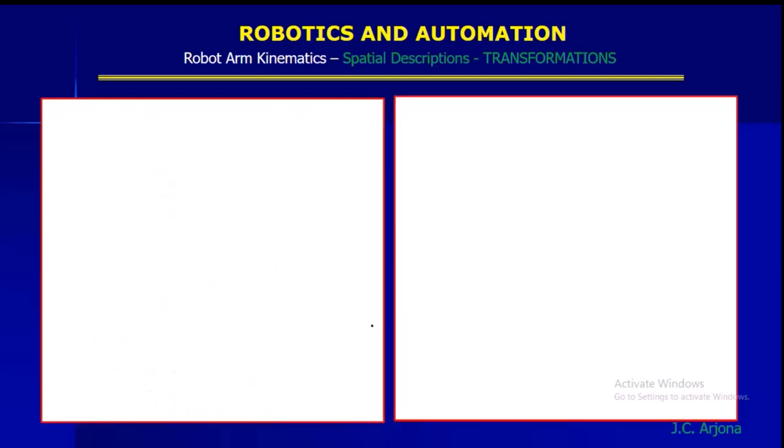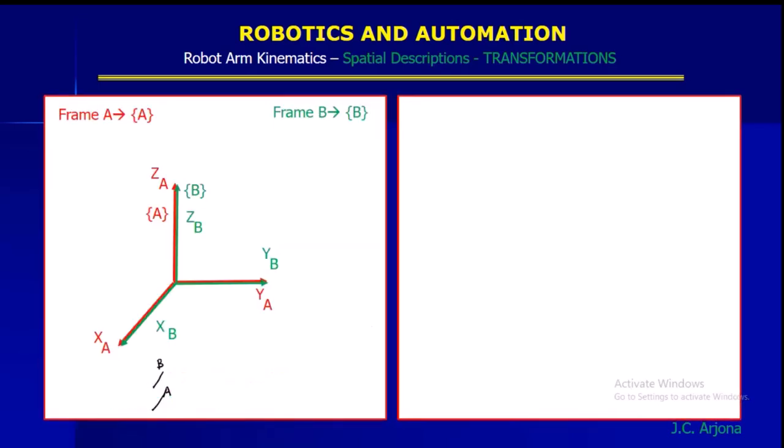The rotation matrix R B to A, since they are placed in the normal position, in this case, has no rotation. What will be the matrix at no rotation?